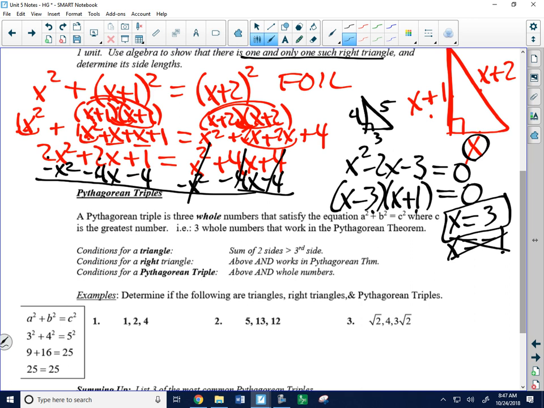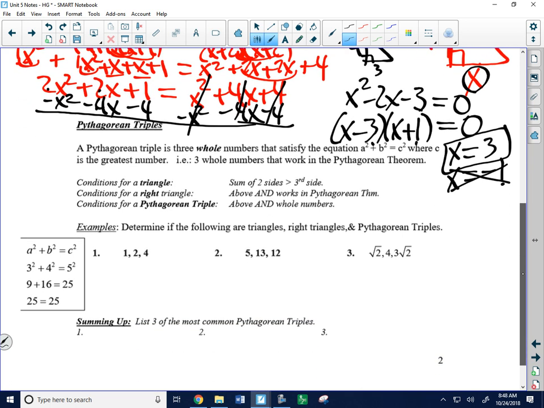Perimeter 12, 3, 4, 5. So again, we set up the Pythagorean theorem. I had to FOIL each of these, subtract and cancel some things, and then we got 3 and negative 1 when factoring. Anything I can answer on that one?